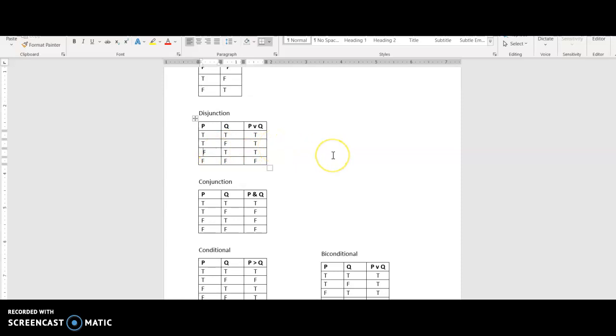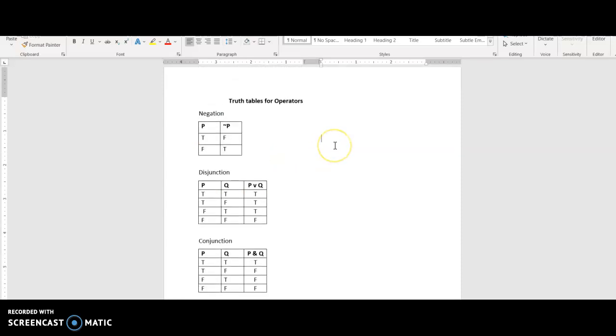There's a hard and fast rule that I think I mentioned in one of the earlier videos: 2 to the n exponent equals the number of lines on the truth table, where n equals the number of distinct atomic sentences.